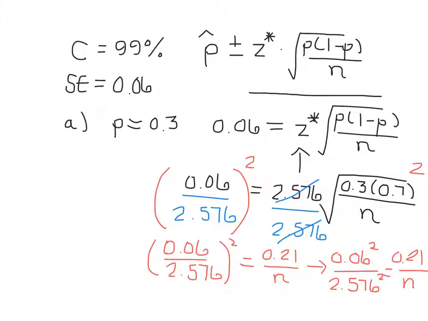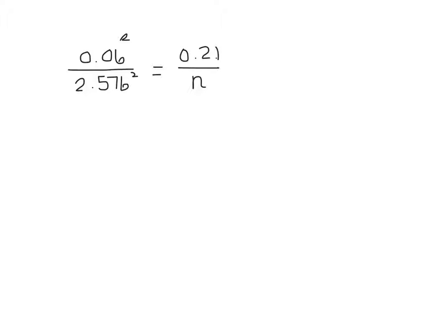So I've got 0.06 squared over 2.576 squared is equal to 0.21 over n. At this point in time, we can just cross multiply. When we cross multiply, we're basically taking what's on top of the first fraction and multiplying it by what's on bottom of the second fraction.